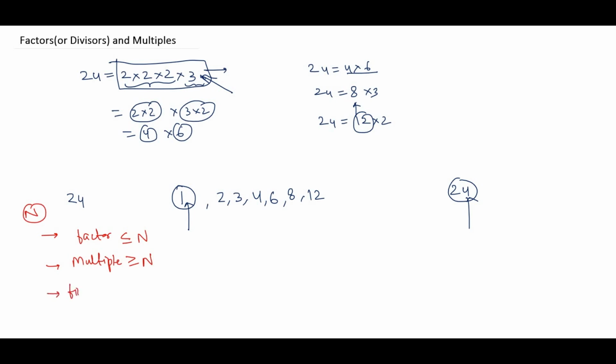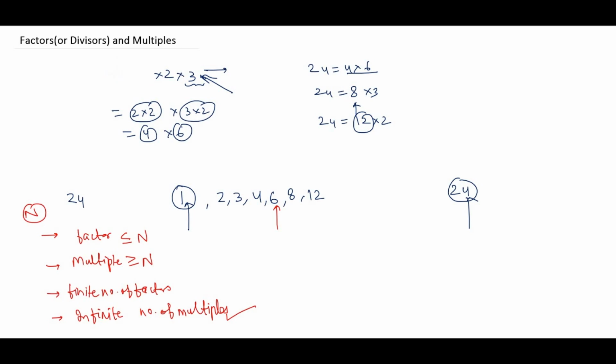We have a finite number of factors but an infinite number of multiples, right? For example, the table of 6, we can have 6 times 10 is 60, 6 times 11 is 66, 6 times 12 is 72 and so on. So we have infinite multiples of 6, right? Similarly, every number is a multiple of itself, okay? This is the most basic one.